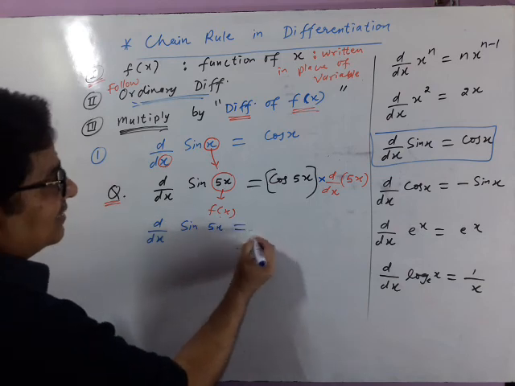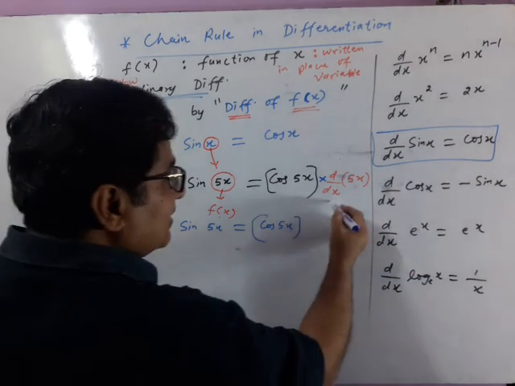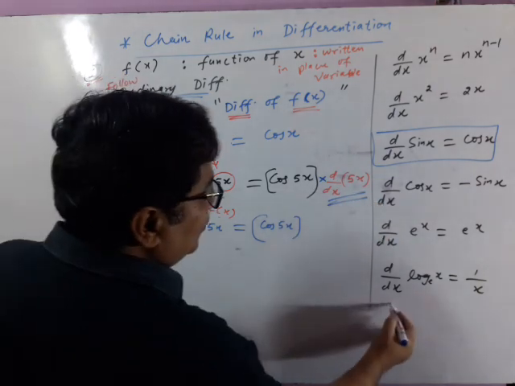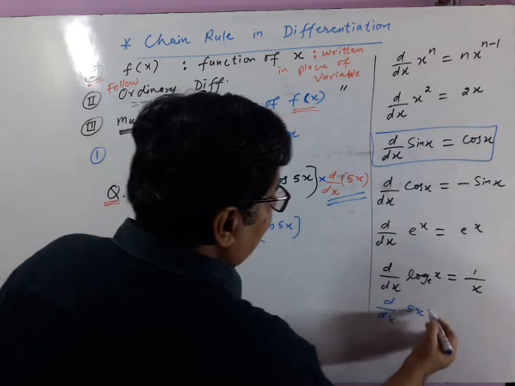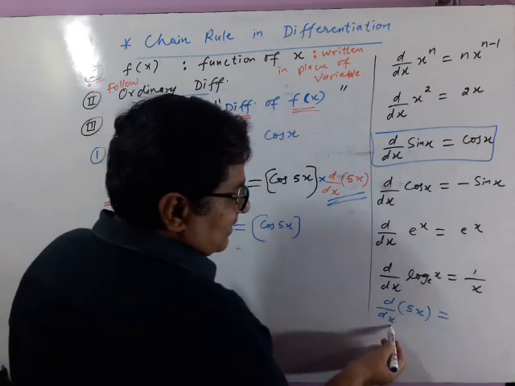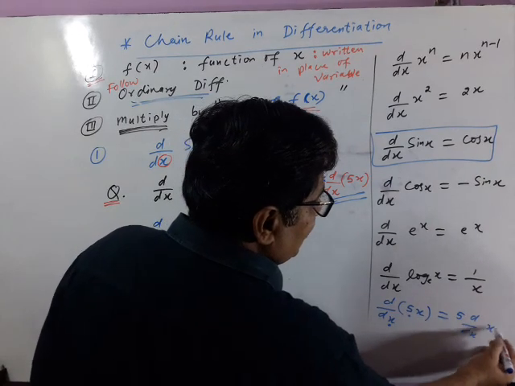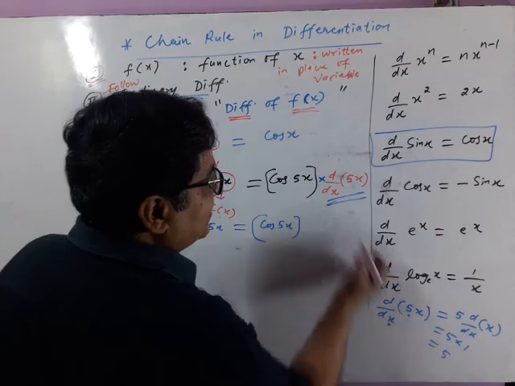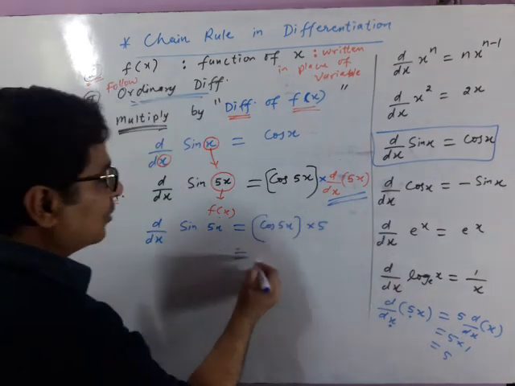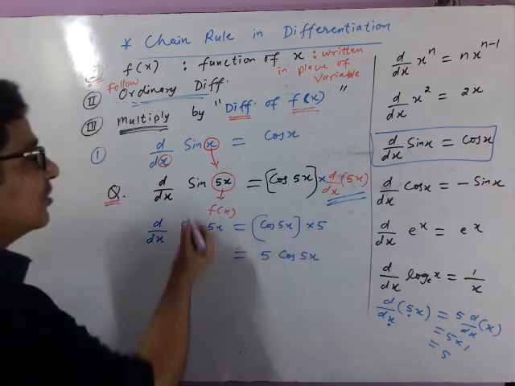Sin 5x gives cos 5x into, what is the differentiation of 5x? As per the previous class, in 5x, x is the variable and 5 is a constant taken outside. Differentiation of x will be 1. So differentiation of 5x is 5. So your answer is 5 cos 5x for this question.